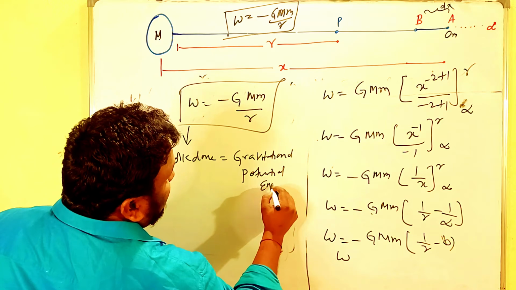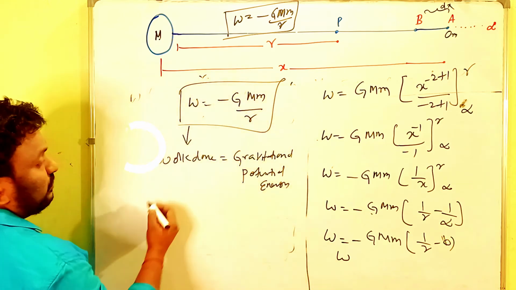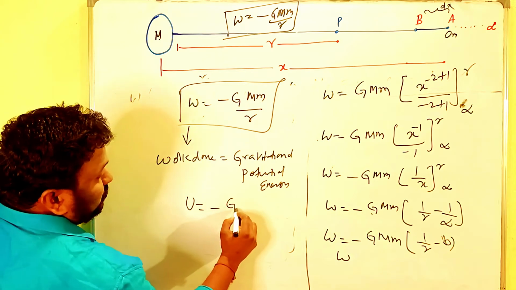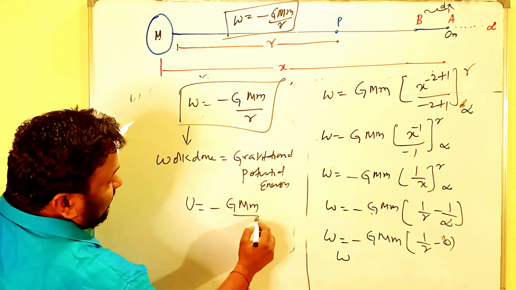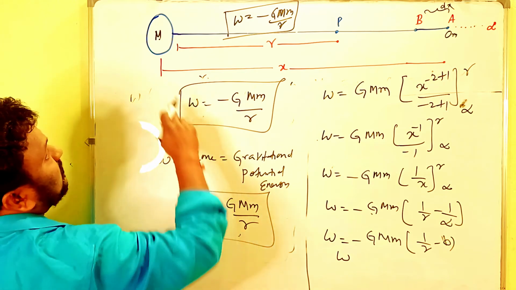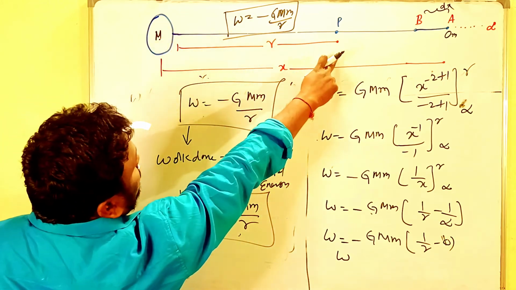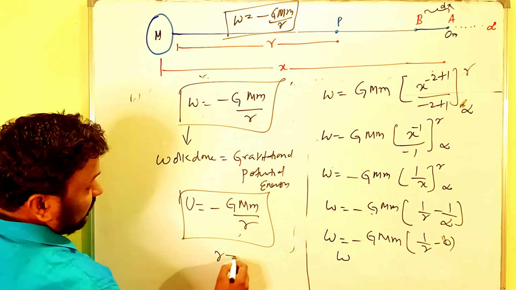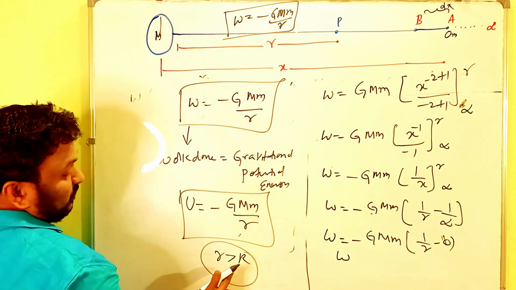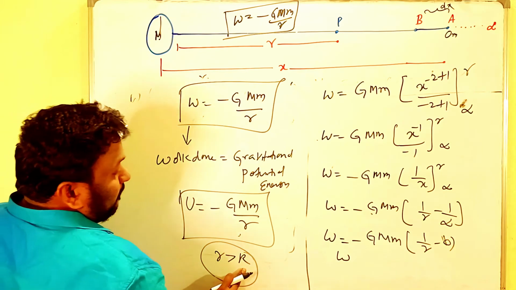Therefore W is nothing but U. U is equal to minus G M m by r. So what is r? r is the distance from the center of the earth to the selected point P, and this r is greater than capital R. What is capital R? The radius of the earth. Small r is greater than capital R.